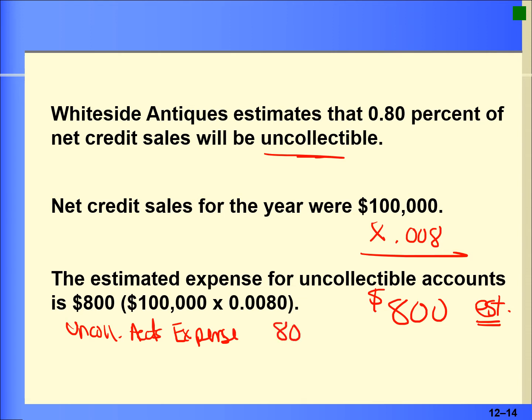You're going to debit that for $800, and then you're going to credit an account called allowance for uncollectible accounts for $800, and that's your adjusting entry. This allowance account, and you can read about it in the book, is basically a contra asset that is used to write down your receivables on your balance sheet.